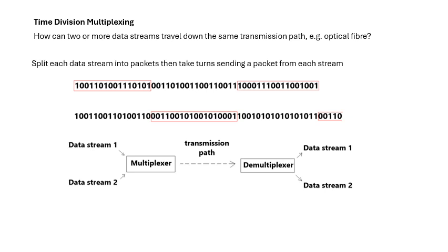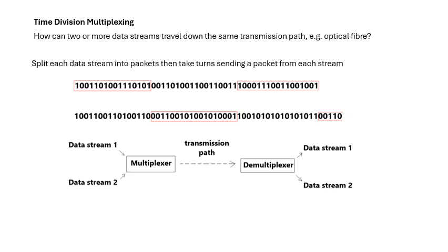Here I've only got 2, but as I said, it could be 100 different data streams. If you have enough bandwidth, enough room, if you're sending enough bits per second, then you can send loads and loads of data streams if they take turns sending packets.